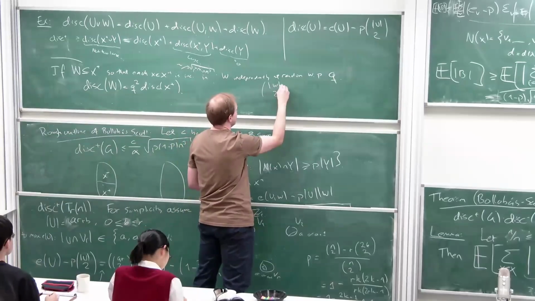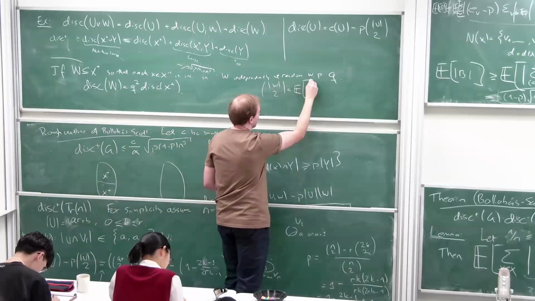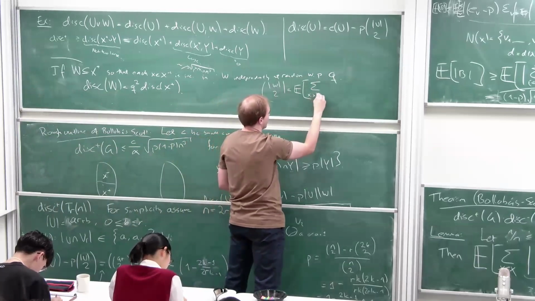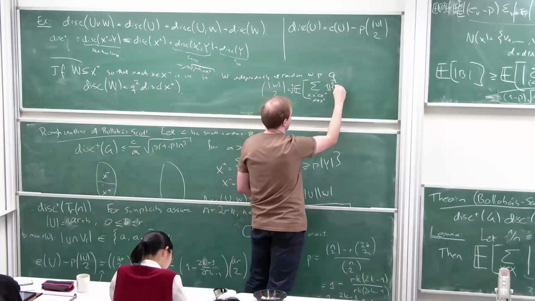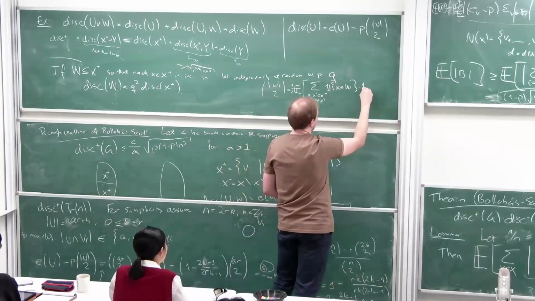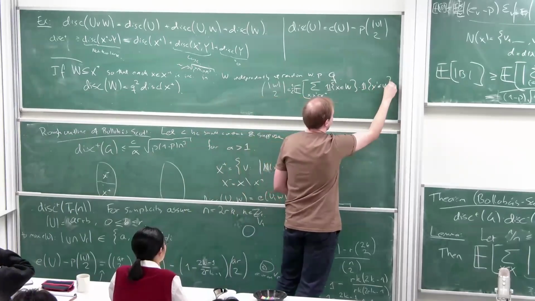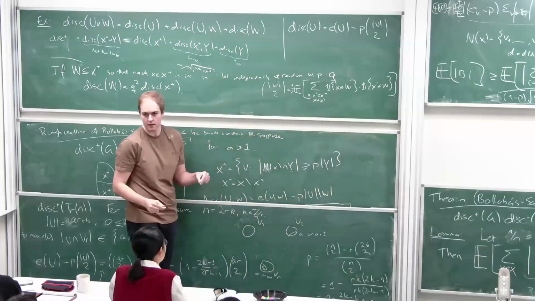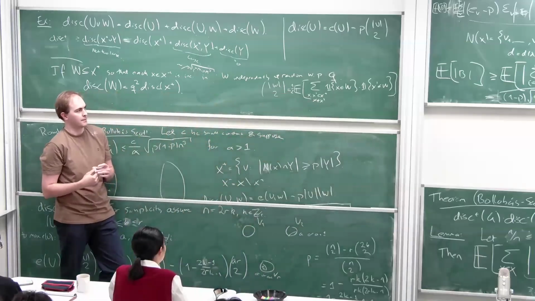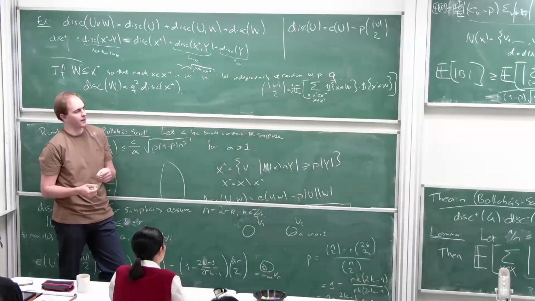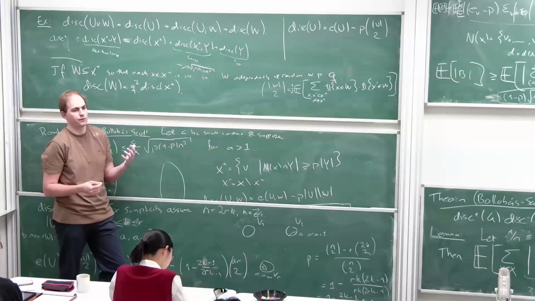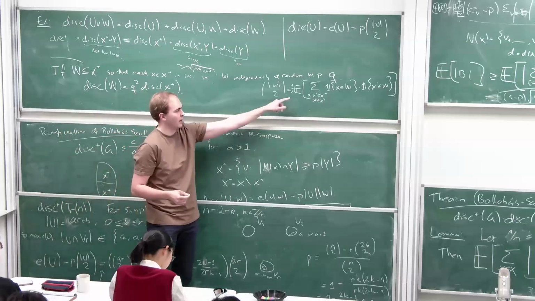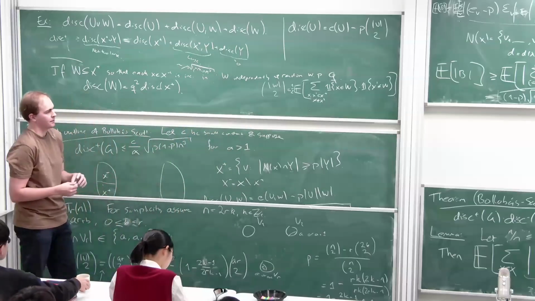So W choose 2 is just the expectation of summing over all distinct x and x prime in x plus the indicator function of x in W and x prime in W. And because we are summing over all distinct things, these are independent, and by linearity of expectation, each of these terms is q squared, and there are x plus times x plus minus 1 of them, because I'm taking the half away.